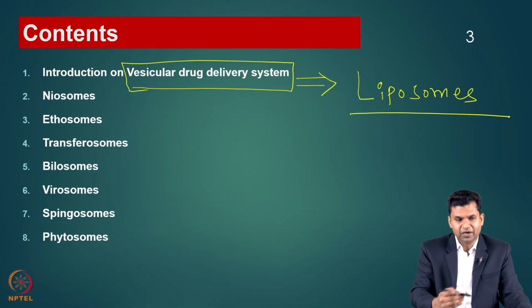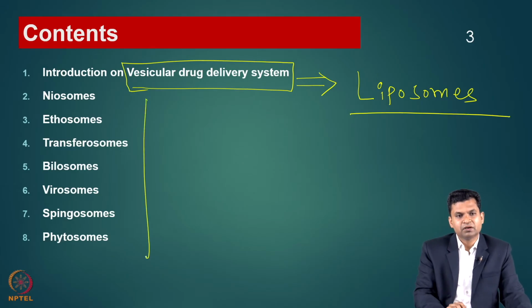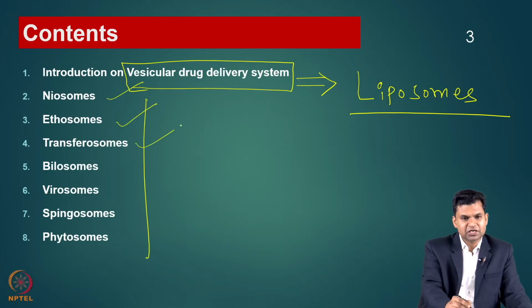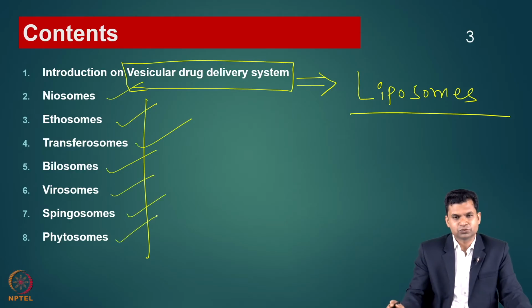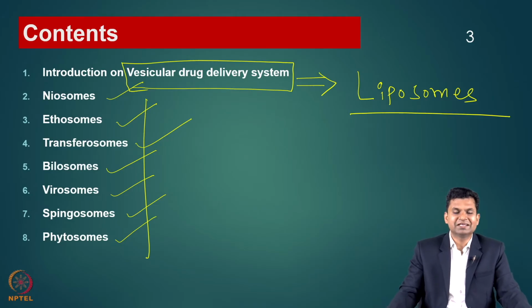Apart from that, we have the various vesicular drug delivery systems, which are niosomes, ethosomes, transferosomes, bilosomes, virosomes, sphingosomes, and then phytosomes. So, today we are going to discuss the various vesicular drug delivery systems.